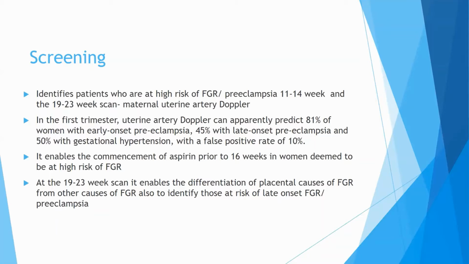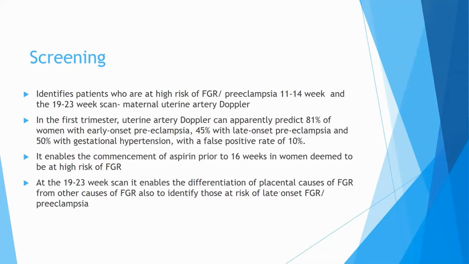Also, screening can still be done later for the women who present to us late. We don't have to say, no, you didn't come at the 11-14 week, we're not going to screen. We'll still screen them at the 19-23 week scan. Now, this helps in 2 ways. We'll also be able to identify women who are going to have late onset fetal growth restriction. So we may keep them under surveillance once their Dopplers show that they have high PI.